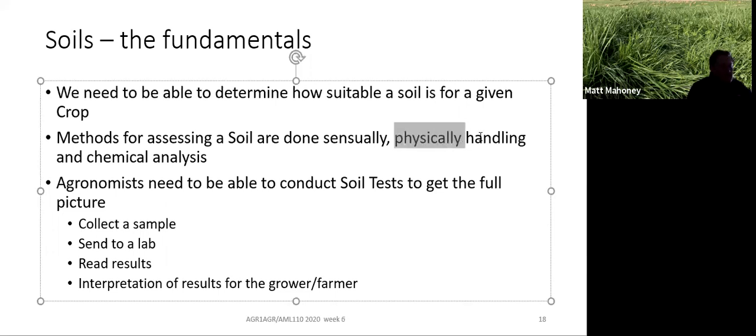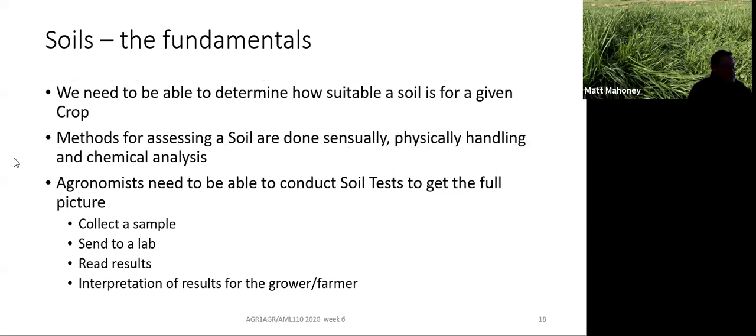So just a little bit more on the physical handling, using the senses such as your sight, your smell, your feel. So visual inspection of the soil. Because really, just by looking at the soil, you can tell a hell of a lot about it. Just think of looking at a soil pit or a soil core.